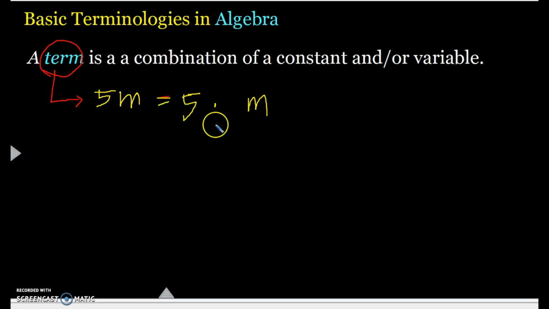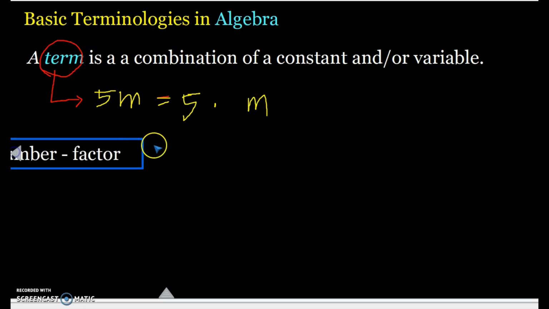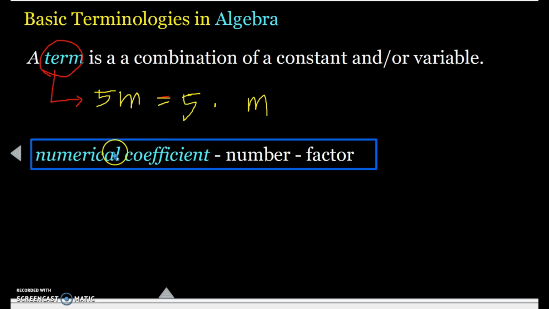We again refer to these factors by terms in algebra. The first one, the number factor, is called the numerical coefficient. So 5 here is the numerical coefficient, and we define numerical coefficient as a number factor. It's obvious that m is a variable and a factor, so it's a letter factor.